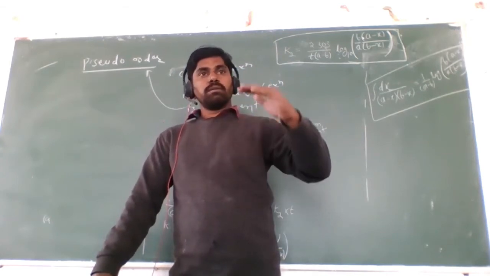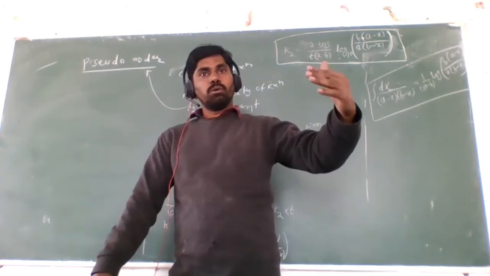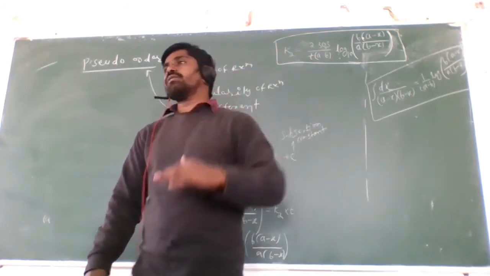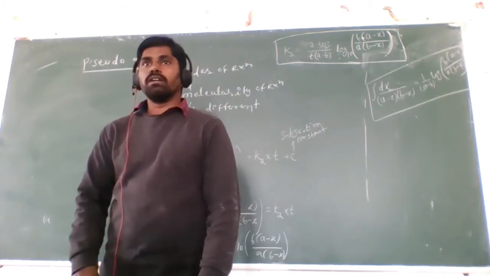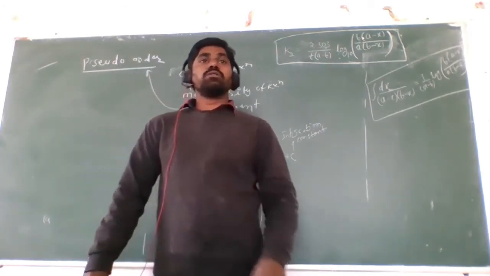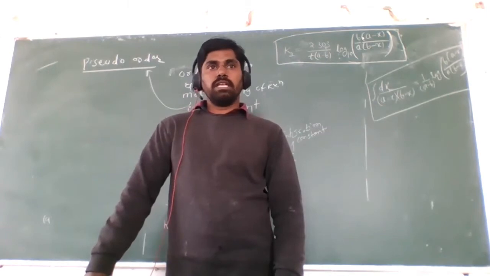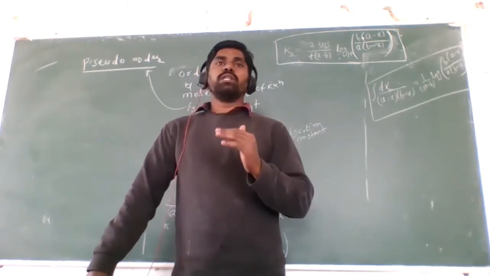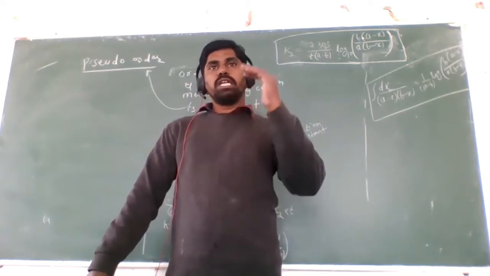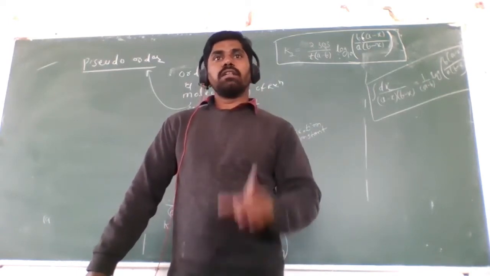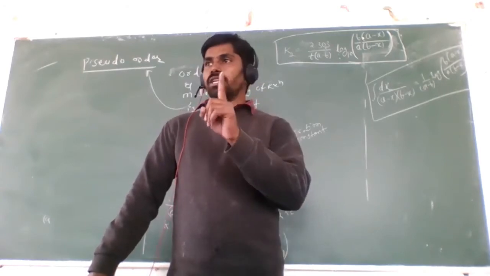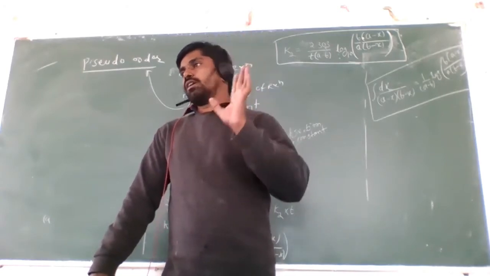That is called the pseudo order reaction. Pseudo first order reaction means in the reaction two or more than two reactants participate, and the order of reaction is one. If it is one, that is the pseudo order.